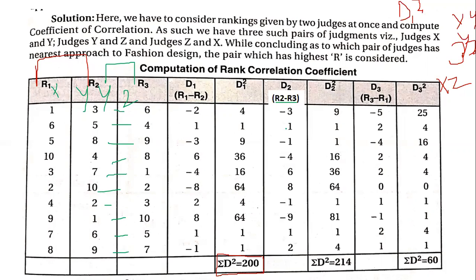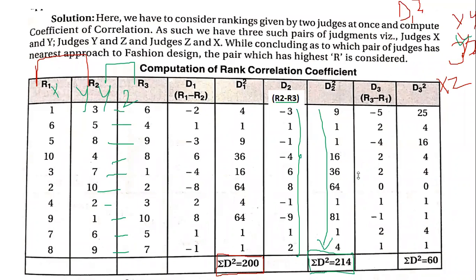You will get a few positive values and a few negative values. Once you find the differences, square them. Same procedure: D2 square, and adding them, you get sigma D square for the pair Y and Z to be 214. So this is the second pair.